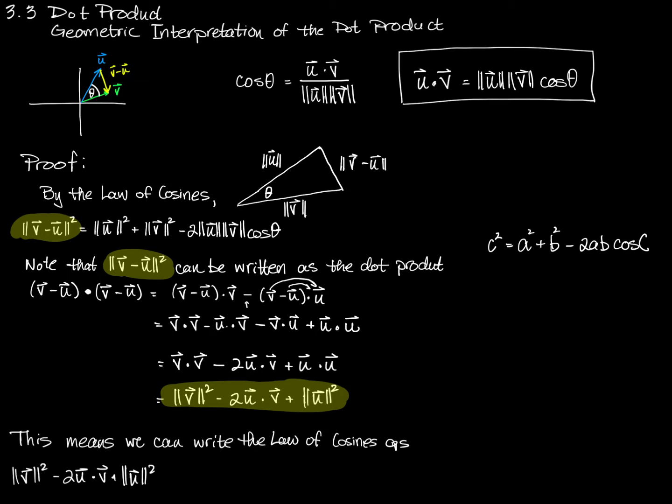That's the equivalent of my left-hand side, right? And the right-hand side I'll leave as it is: magnitude u squared plus magnitude v squared minus 2 magnitude u magnitude v cosine of theta.